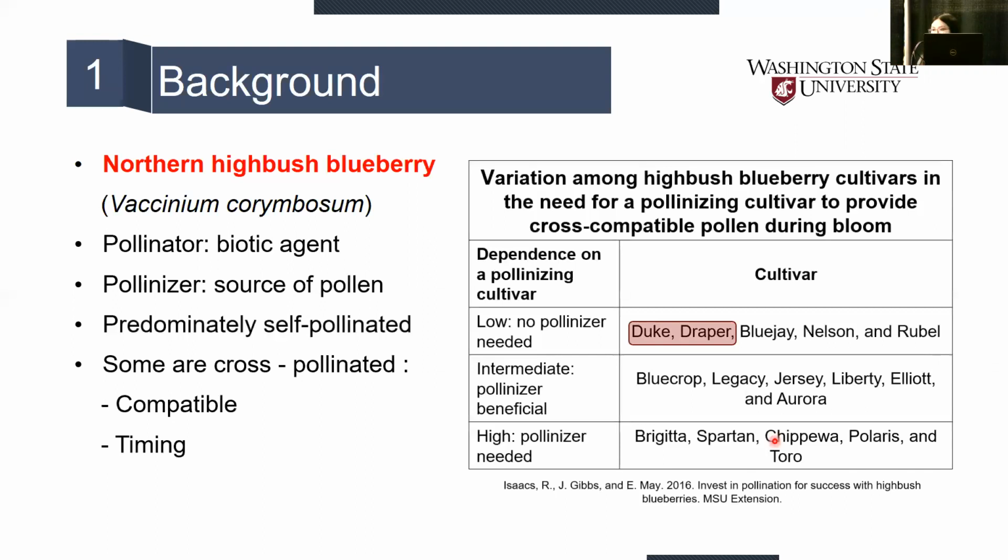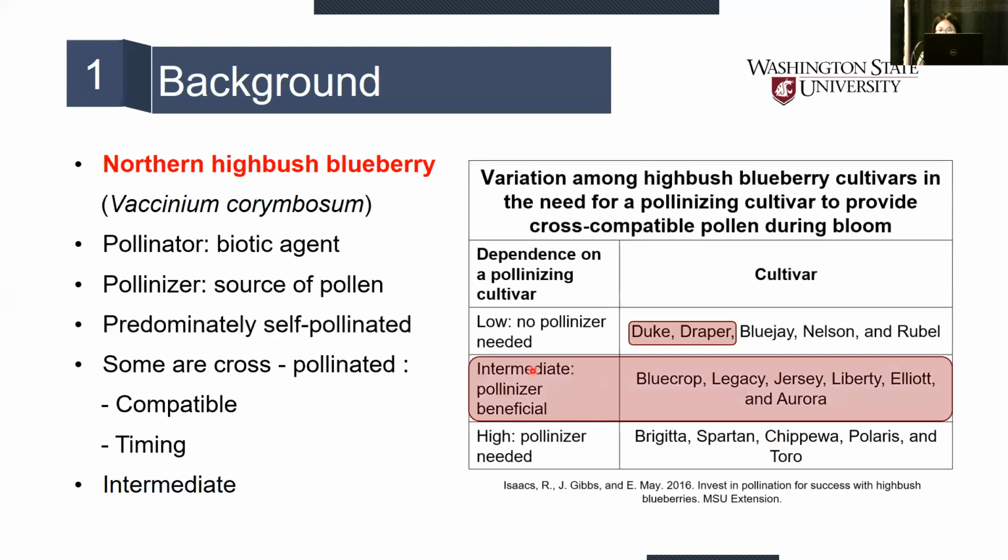In most situations, if these 2 cultivars come from the same type of blueberry, for example, they are all northern highbush blueberry, they should be compatible. And the blooming time should be close to each other, so they have enough time to pollinate. And there are also other cultivars in between.